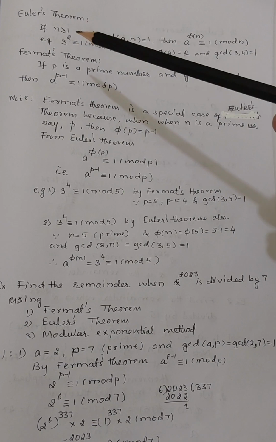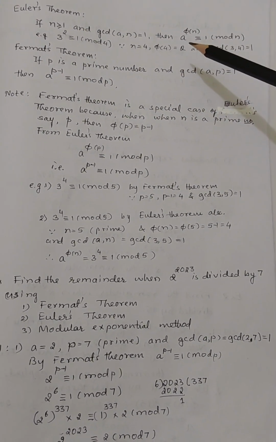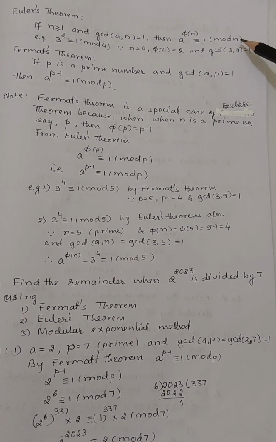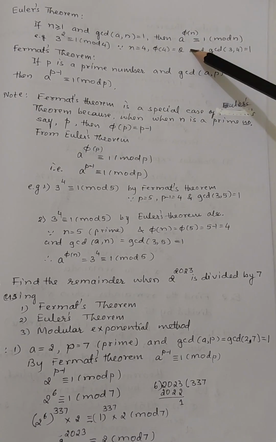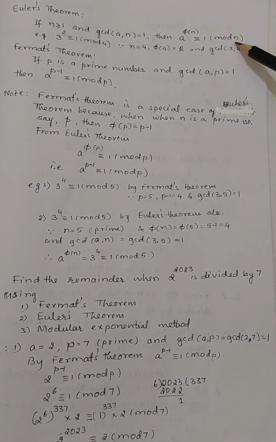Now we'll see what Euler's theorem is. Euler's theorem says a to the power phi of n is congruent to 1 mod n. The conditions are that a and n should be relatively prime and n should be greater than or equal to 1.